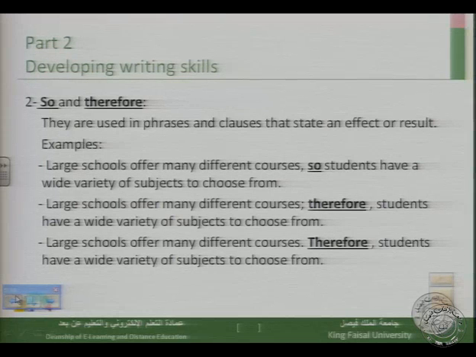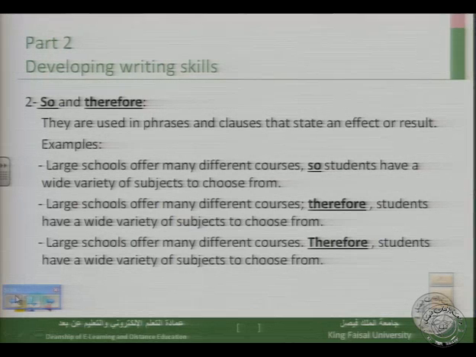Here we have to notice the punctuation and the capitalization when you use so and therefore. When we use so, we use it at the beginning of the second sentence, and we use a comma before it. Therefore can come in the middle, and we have a semicolon before it and a comma coming after it.